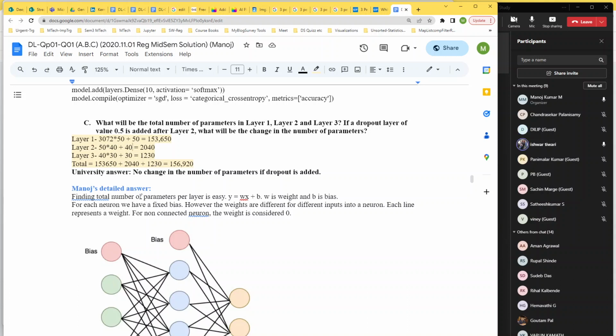Sorry, Manoj, I have a doubt. Is bias per layer or per neuron? Per neuron. But last time when we studied, the bias was the negative of the threshold, and the threshold is for the complete layer.